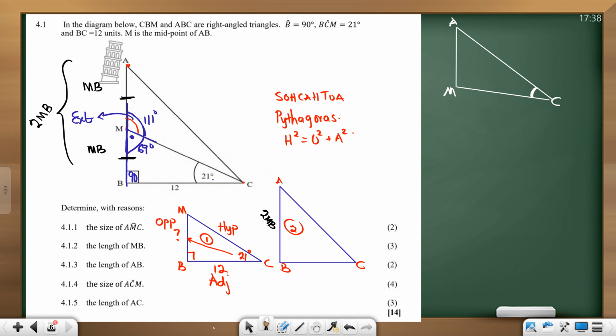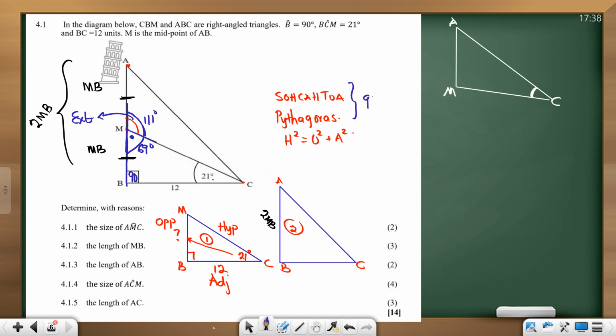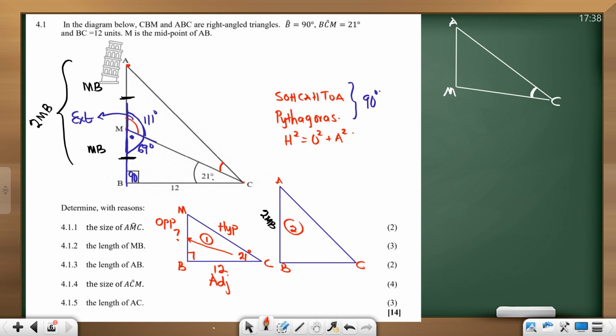All right, interesting. Now, whenever we use SOHCAHTOA, please understand it must be done over a 90 degrees, in a right angle triangle. So the question is, what will I do to get that? Oh, it's simple. Look at the angle I'm looking for. I'm looking for this small angle, right?